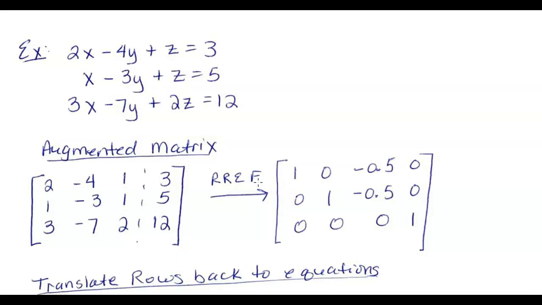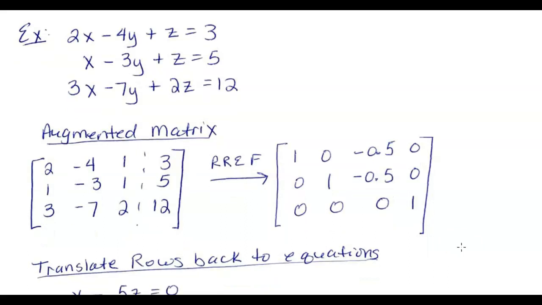Press enter again, and this is what you should see: 1, 0, negative 0.5, 0, 0, 1, negative 0.5, 0, and 0, 0, 0, 1. This is the reduced row echelon form of this system in its augmented matrix.